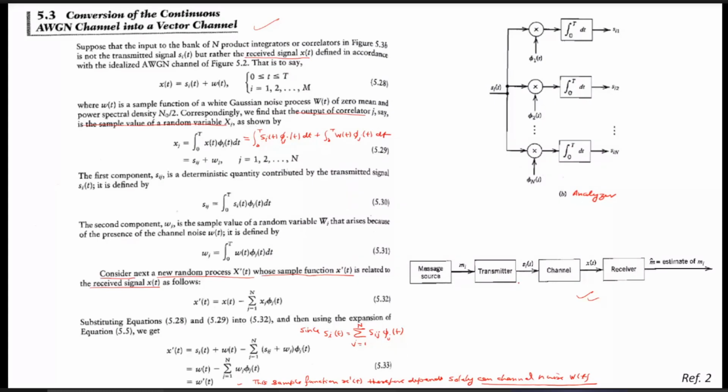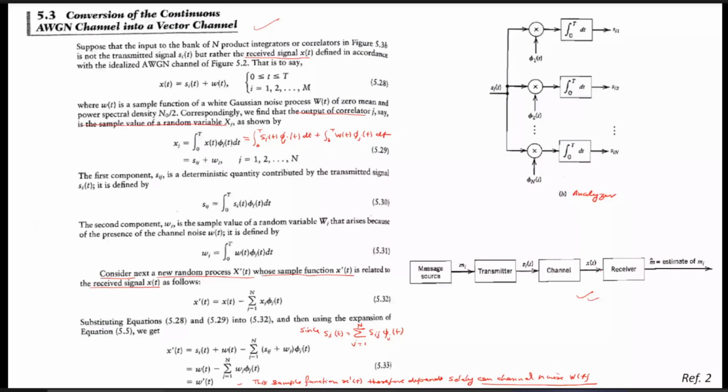There is a message source that emits the symbols m_i, where i varies from 1 to M. Then there is a transmitter which codes this m_i during the interval 0 to T into s_i(t), and this s_i(t) is sent to the channel where additive Gaussian noise may be added, and the received signal is x(t). If there is no noise, the received signal is nothing but s_i(t) only.